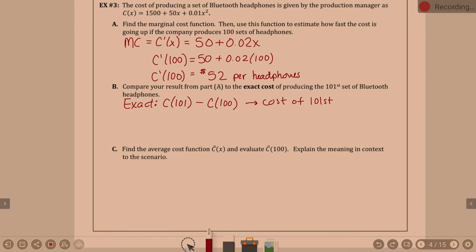Now at this point, could you type in your original equation into y1 and do it that way? By all means, you could. Give me some numbers. 1500 plus 50x.